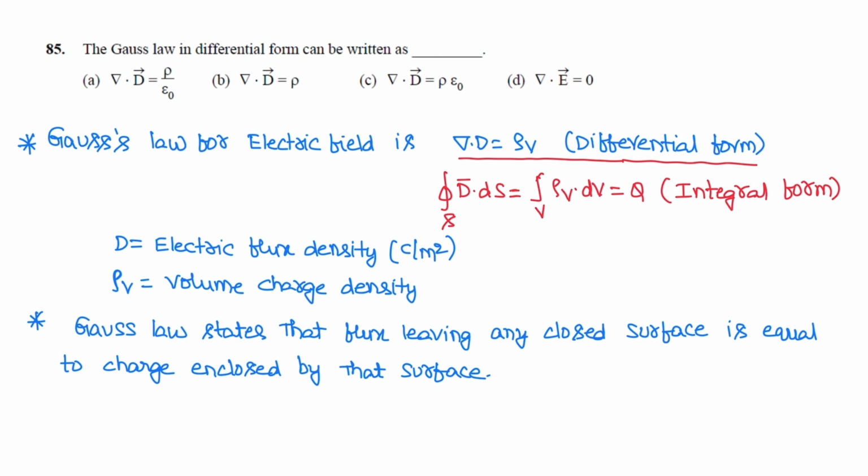Here D is electric flux density in coulomb per meter square, and rho v is volume charge density. This Gauss law states that flux leaving any closed surface is equal to charge enclosed by that surface.